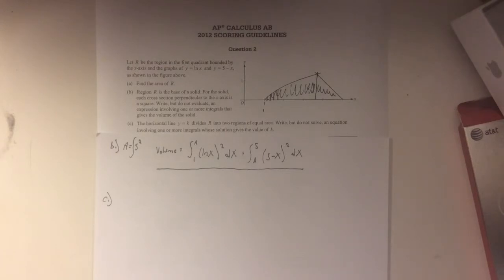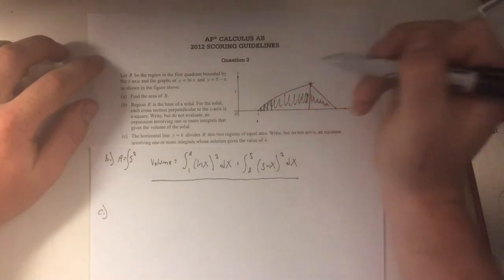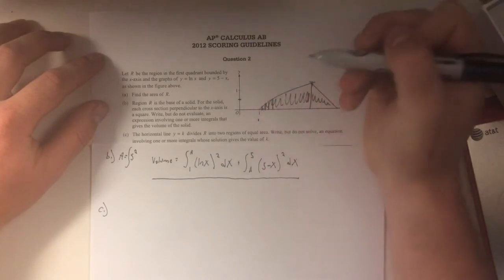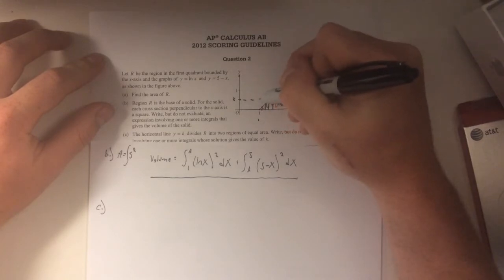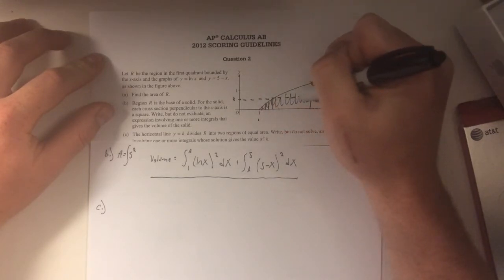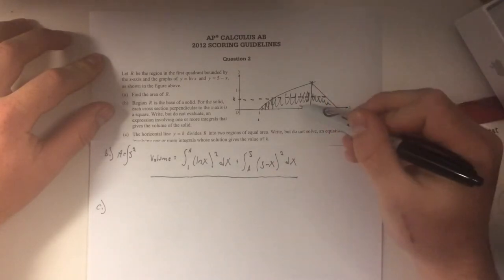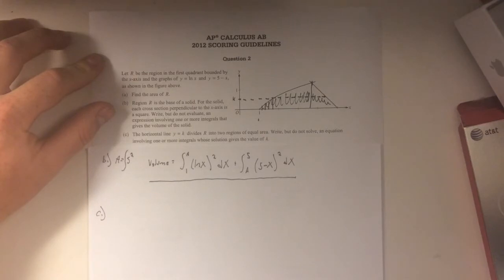So essentially what this is telling us is that there's some horizontal line at some value k, let's say it's right here, that divides our region R into two equal parts. Obviously you can see this is a little bit off, but let's say that's k. And we're supposed to find the value of k.